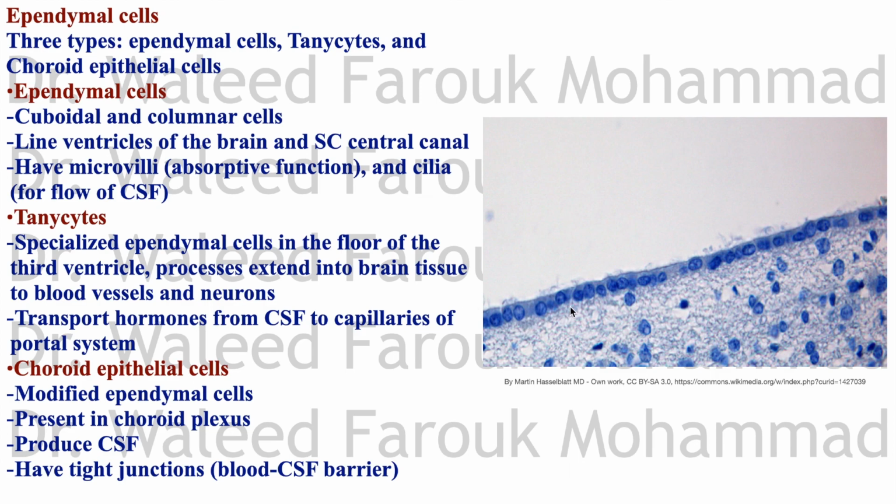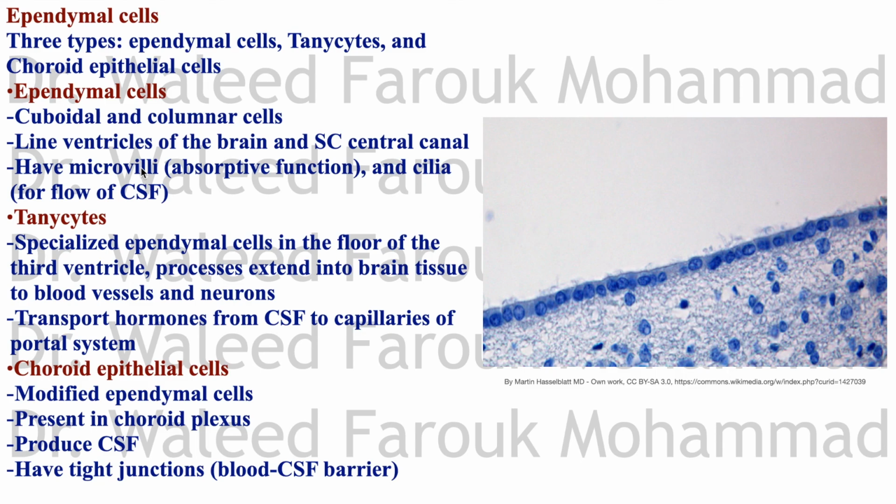The ependymal cells, the cells you see here, are cuboidal and columnar cells. They line the ventricles of the brain and the spinal cord central canal, and they have microvilli of absorptive function and cilia for the flow of the CSF. As we said before, ependymal cells are related to the CSF circulation.